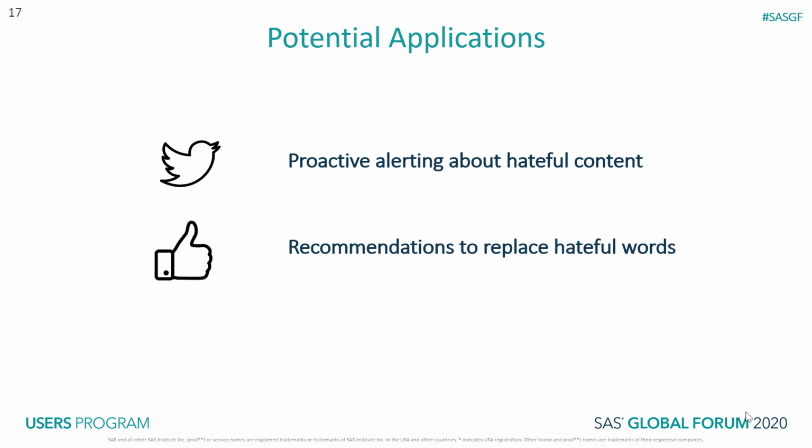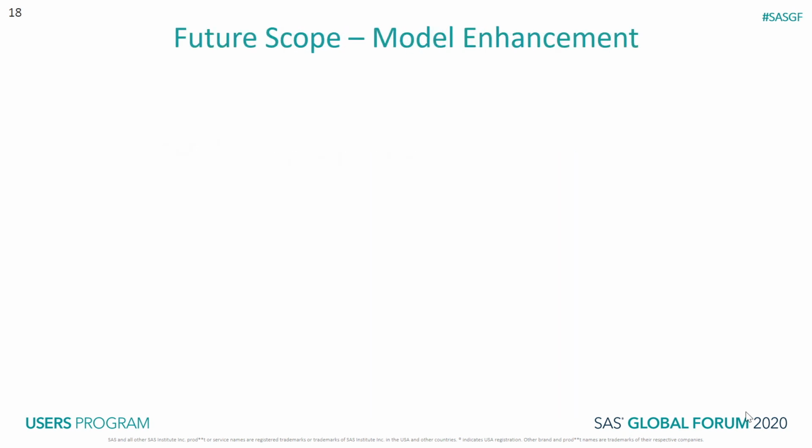Next is the future scope, model enhancement. As a future scope, we want to include additional data in our analysis. This data, such as retweets, comments, and likes, might add some insights and help in better classification of our tweet.